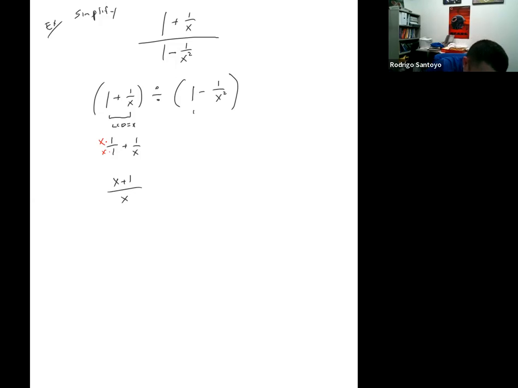All right, take a look at the next one here. The next one, LCD there is x squared. So just like before, we turn that one into a fraction by putting it over 1. And this time it looks like we multiply both of these by x squared.